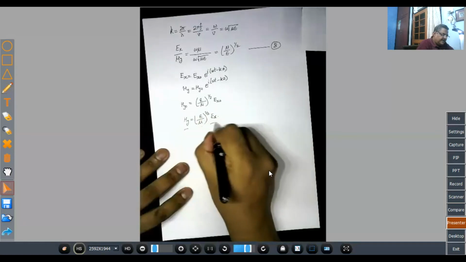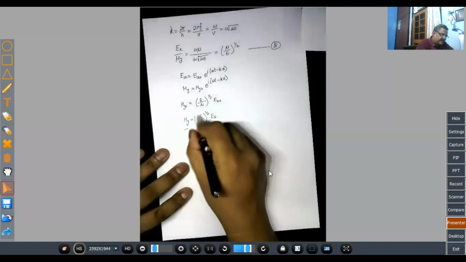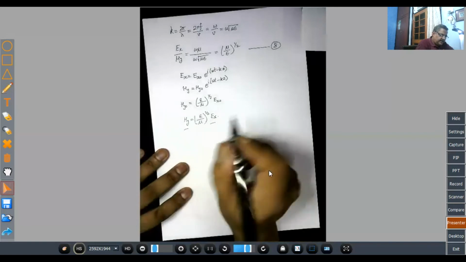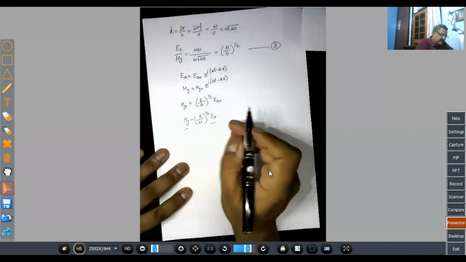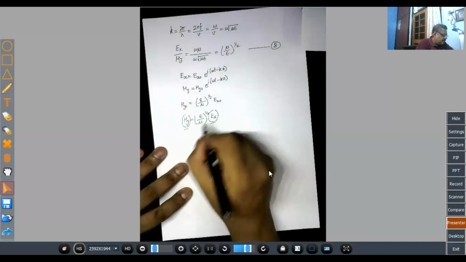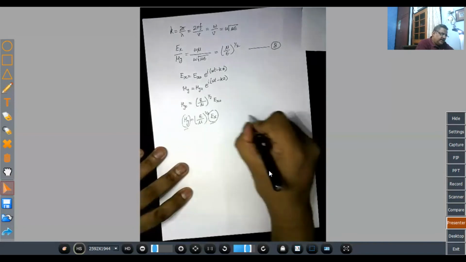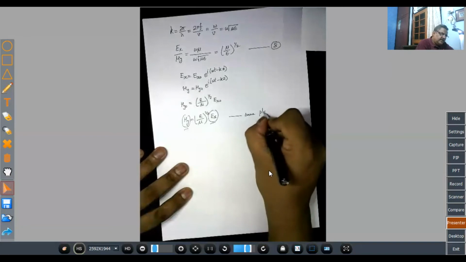What does this signify? These are properties of the medium and they will be constant. The electromagnetic wave has no other quantity. So this Hy and Ex will both be in the same phase.